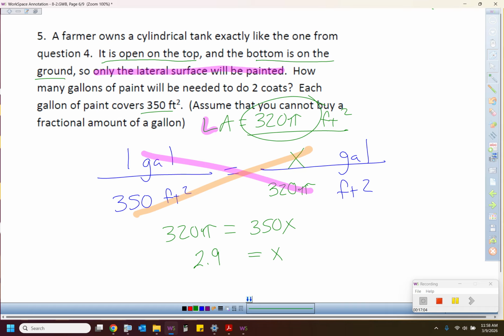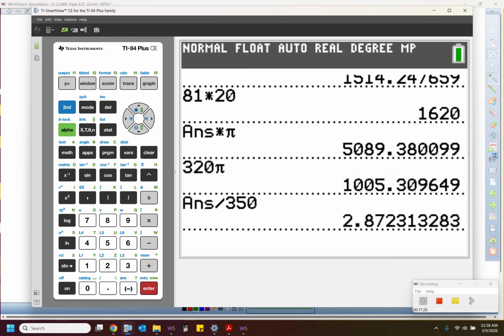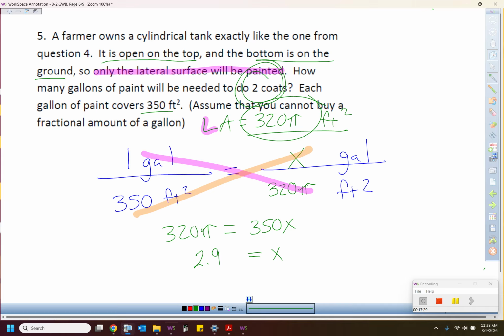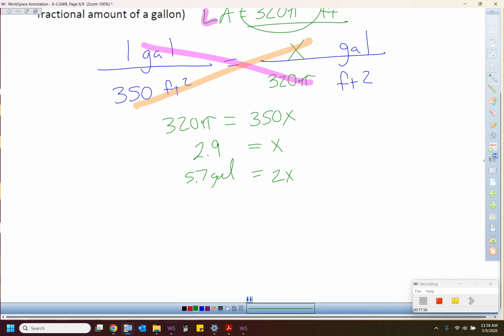But I have to do 2 coats, so I have to take this number in my calculator times 2. I like to not round it off ahead of time. So this is about 5.7 gallons of paint, so 2x equals about 5.7 gallons. But now is the part where we use real world common sense: how many gallons of paint do I need to buy?